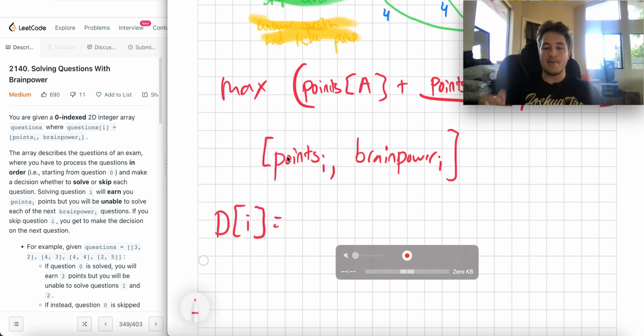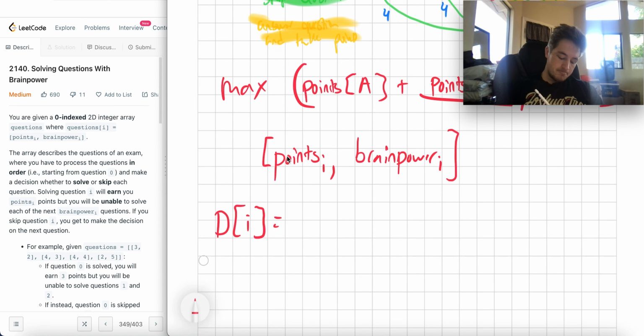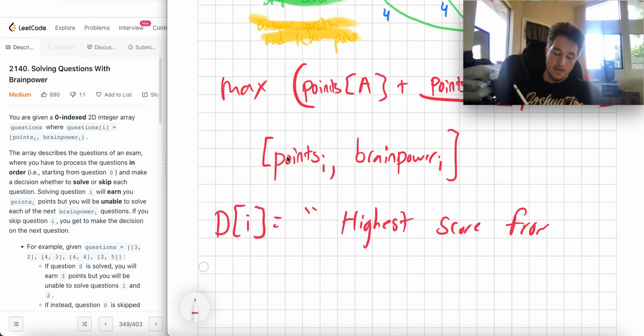Right, so D of I is the most points from this point. Let's just call it score, right? Score is the number of points you got. Highest score from this point forward, right?